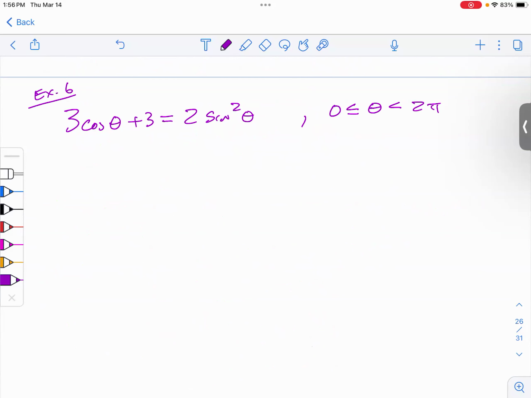So whenever possible, try and get your trigonometric functions to the same angle and ideally the same trigonometric function. Does anyone see anything that I can mess with to get to one trigonometric function or another?